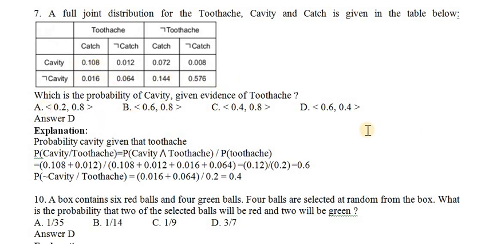Now they are asking for the probability of cavity given evidence of toothache. By Bayes theorem, A given B is equal to A intersection B divided by the probability of B. Here cavity is A and toothache is B, so it is the probability of A intersection B divided by the probability of toothache.